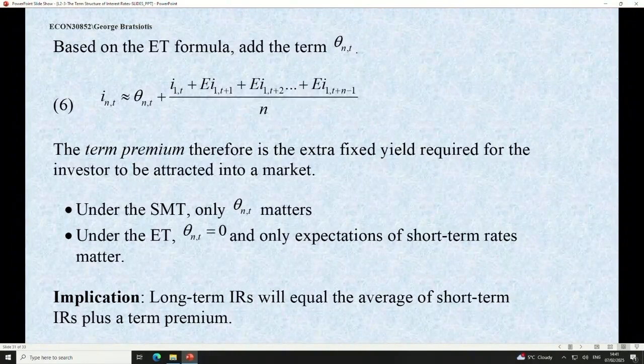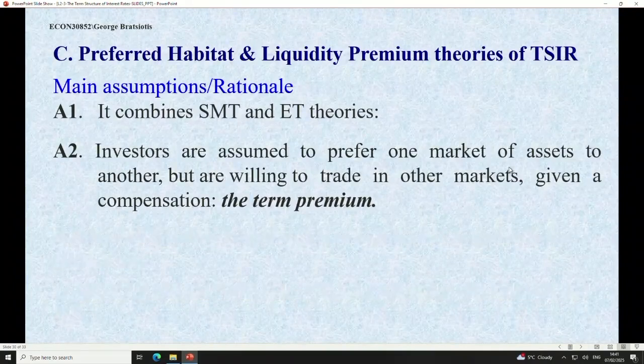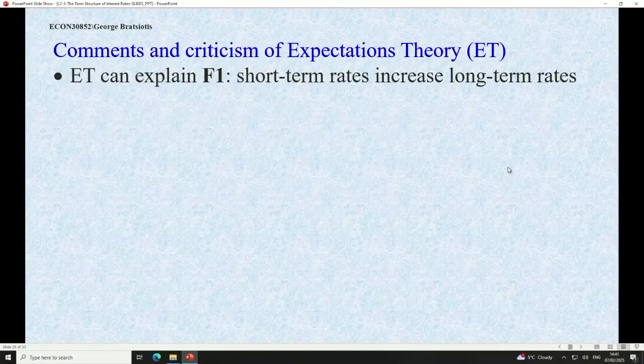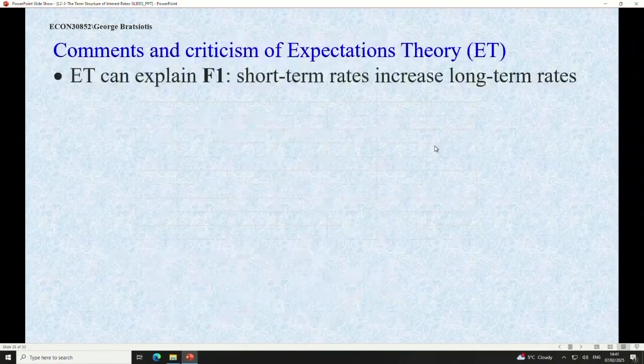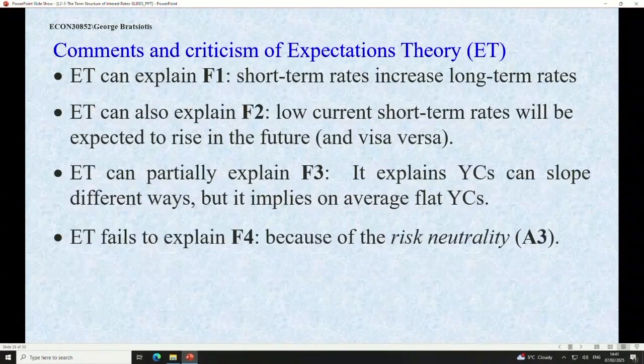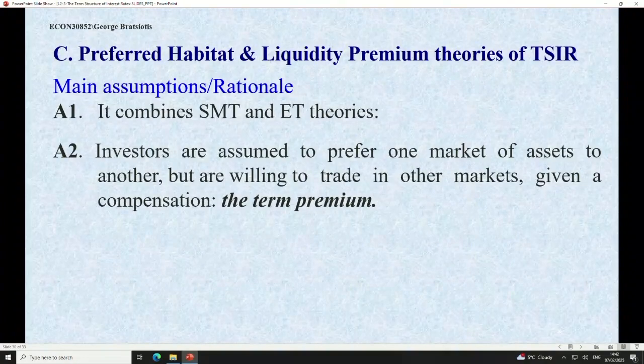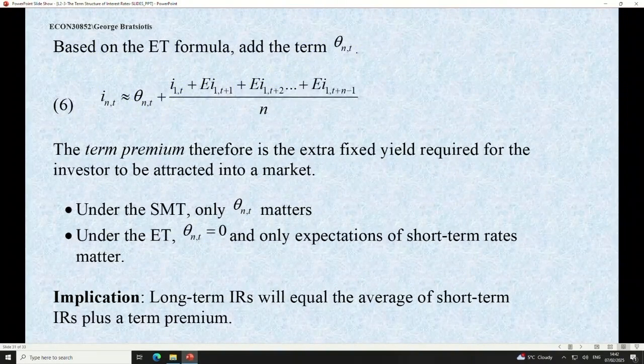On the other hand, if I cover this, what do I get? I get exactly this, which is the expectations theory. So you can see that the whole liquidity premium theory is driven by the expectations theory plus the premium to do with the segmented markets, the premium of the maturity.